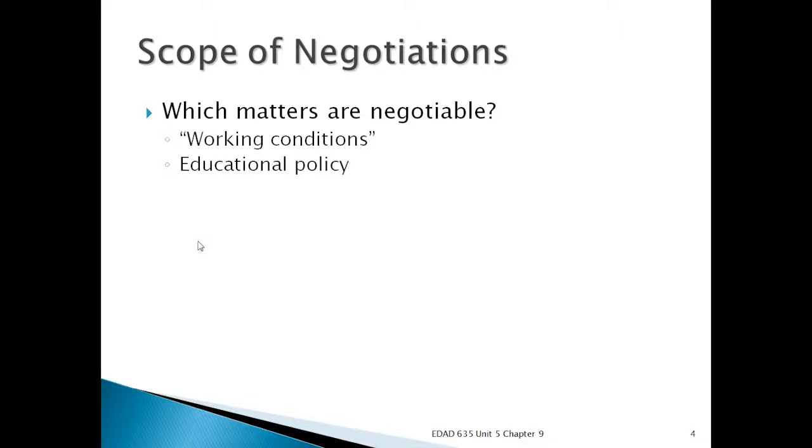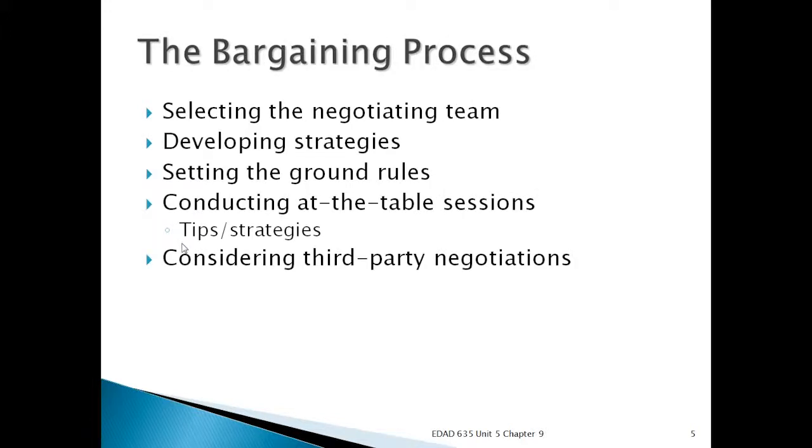In terms of the idea of working conditions on page 4, some things that would fit under the scope of negotiations here would be the minimum work hours of a teacher, the length of the school calendar, and salary and benefits, which obviously are a big piece of working conditions. With that, I'm moving on to slide number 5, the bargaining process.